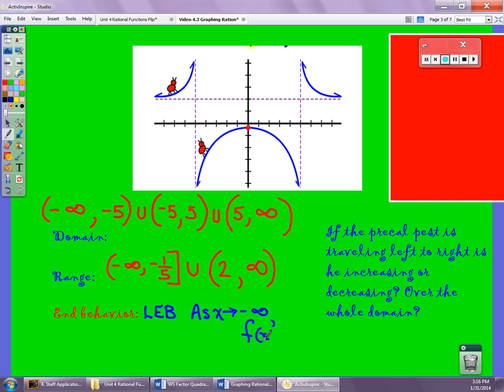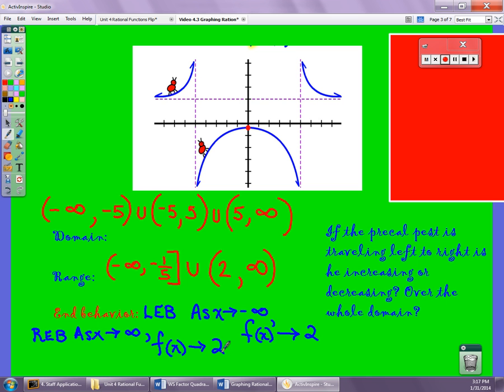Our graph, f of x, is approaching the horizontal asymptote at 2. For right end behavior, I'm actually seeing the exact same thing. As x approaches infinity, our graph, f of x, is approaching the horizontal asymptote again at 2.